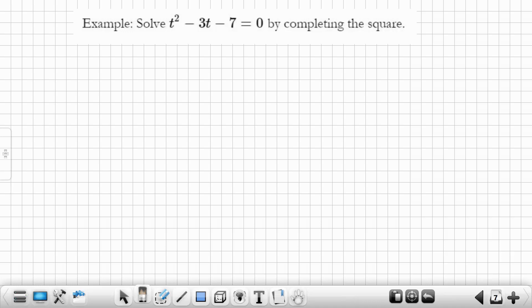It's half of the term right there. So you've got to do half of that term. So 1. Don't use decimals. 1 and 1/2. Don't use mixed numbers either. 3/2.